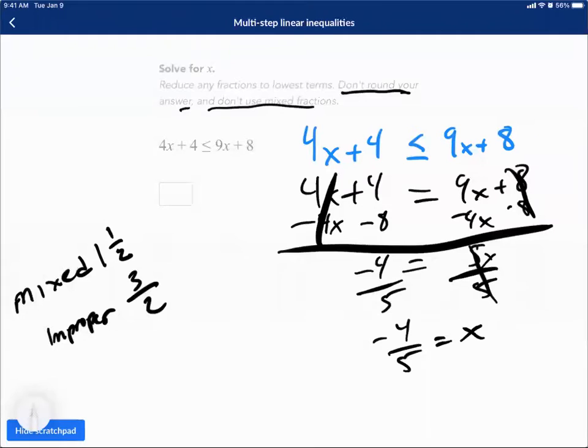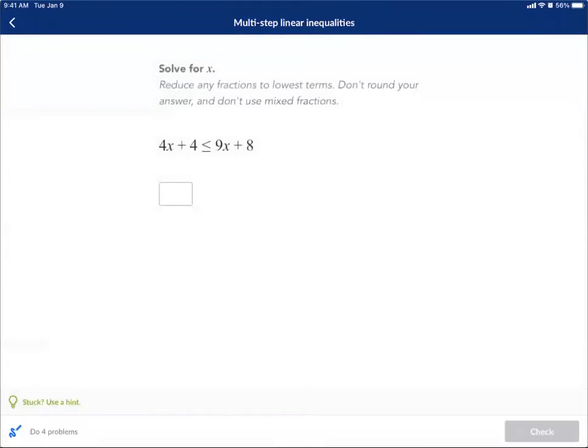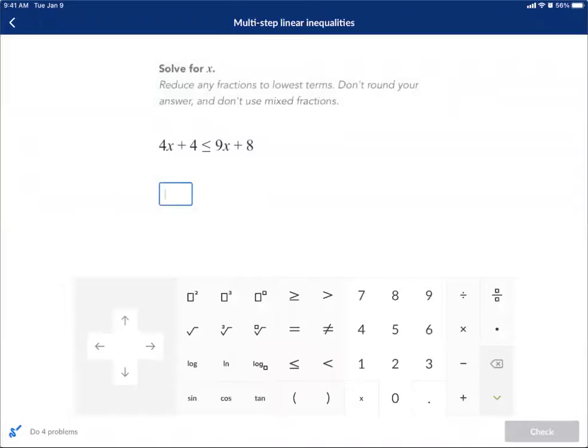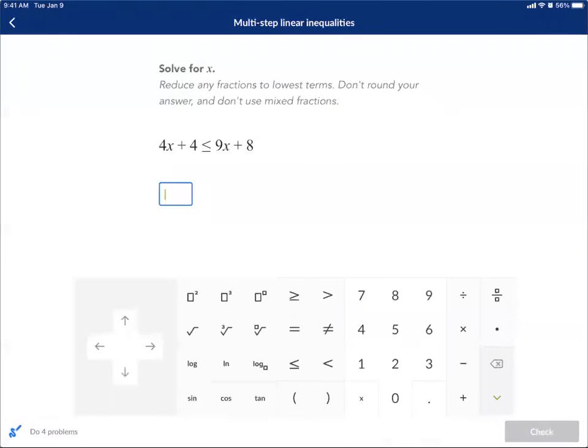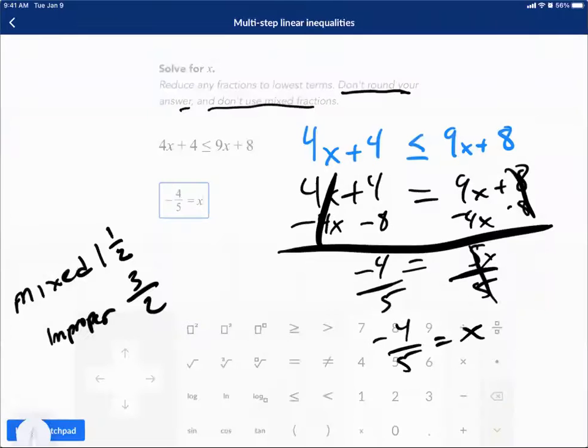We can't use a mixed number. We have to use an improper fraction. So you can basically say negative 4/5 equals x.